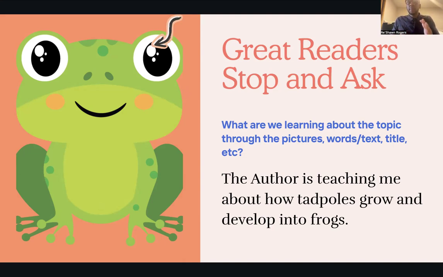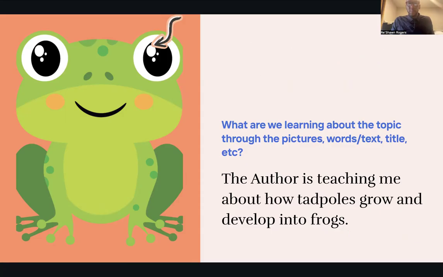Now he's learning to jump and hop around. It's like he's developing and growing and becoming bigger and more mature from a tadpole to a frog. So I think the main idea is that the author is teaching me about how tadpoles grow and develop into frogs. That's it. That's the main idea.